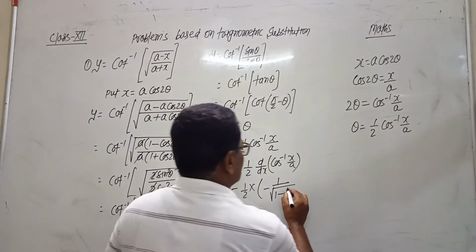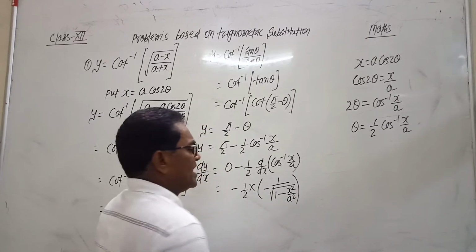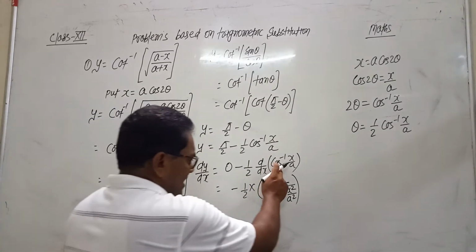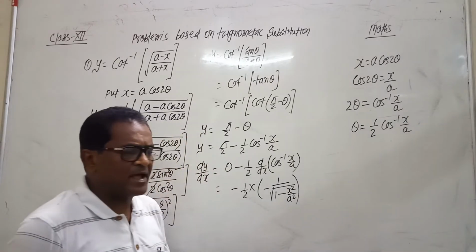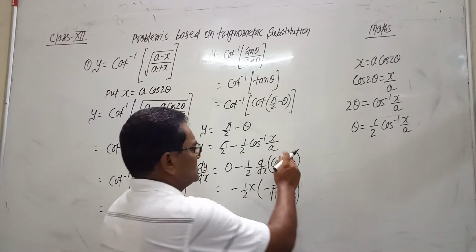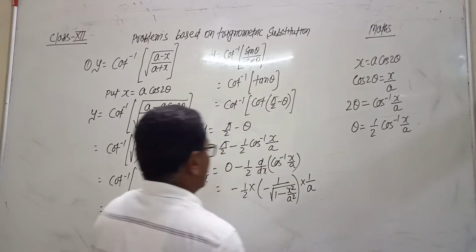At the place of x we have x by a, so it becomes x square by a square. Now remove cos inverse and differentiate x by a. So 1 by a is constant and differentiation of x will be 1. So it comes 1 by a.